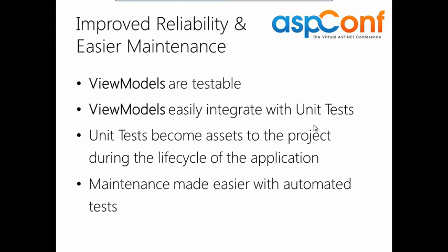You also have improved reliability and easier maintenance. One of the biggest benefits of view models is that they're testable. Remember, the view model is the pure code representation of your UI, but there is no UI, it's just code. So the beauty of that is that you can write unit tests against it, and there are things like QUnit, where you can write JavaScript unit tests with pass-fail.